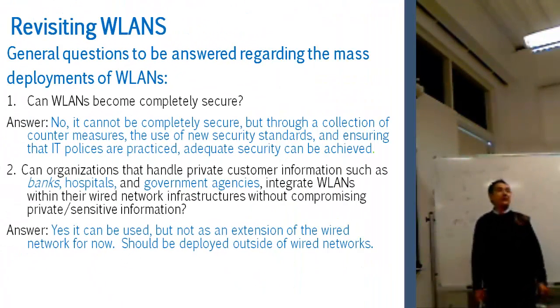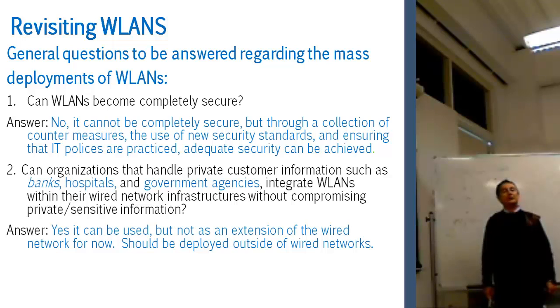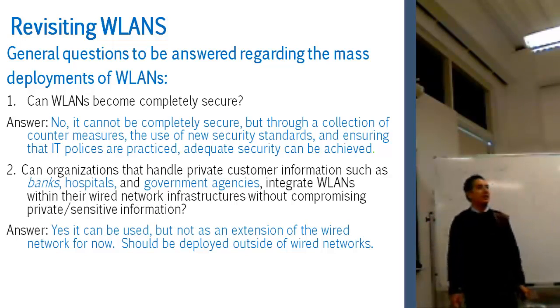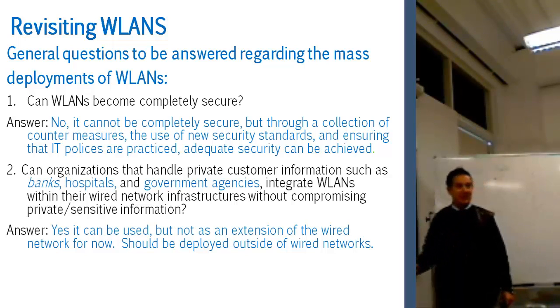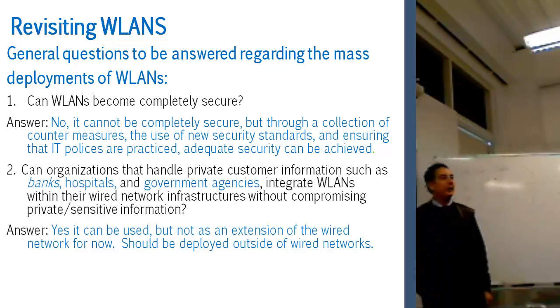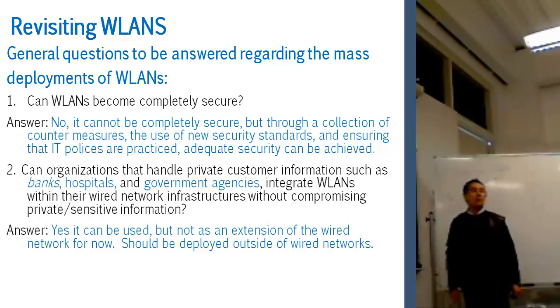Okay, so at the beginning of this chapter we asked some questions, and let's have a look at those questions. Can WLANs become completely secure? Based on this knowledge right now, TKIP, CCMP, and WEP, what do you think?